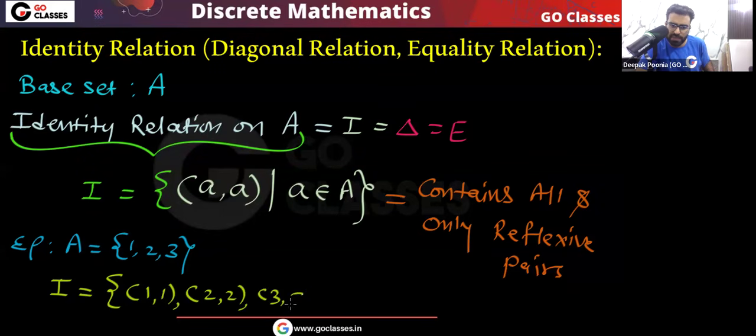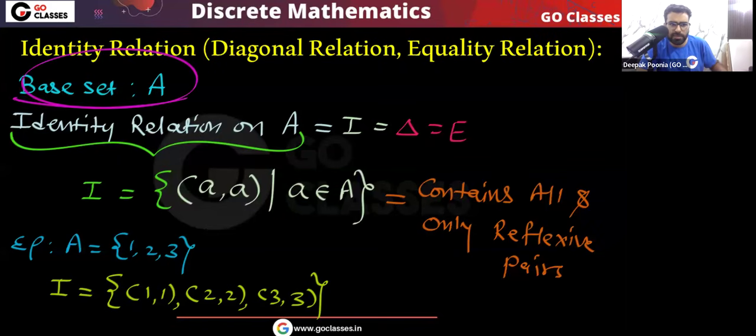Nothing else. And remember, if I remove (3,3), for example, now this is not an identity relation, because it must contain all reflexive pairs and only reflexive pairs. I hope you understood. So remember, over this base set, this is the only identity relation.